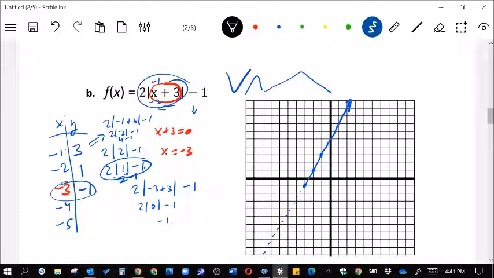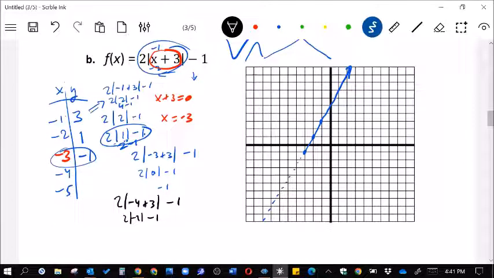I'll put this one in black down here. 2, -4 plus 3 minus 1. Well, -4 plus 3 is a -1, but -1 absolute value is 1, so we have 2 times 1 minus 1, which is 2 minus 1, which is 1.